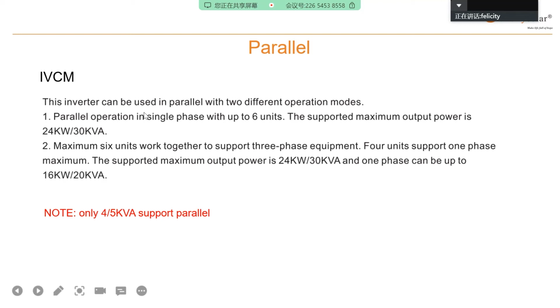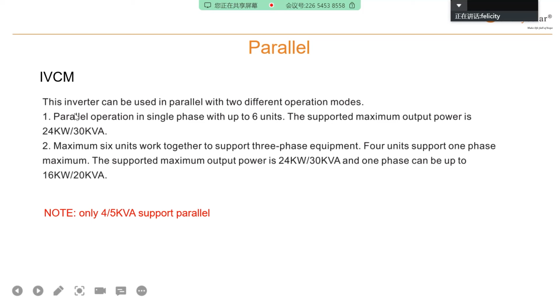Our high frequency inverter is maximum 5 kVA per piece, but now you need 10 or 20 kVA or even bigger. Then you can use parallel connection, or if you need a three-phase system, you can also get a three-phase system by parallel connection. First is the IVCM parallel.